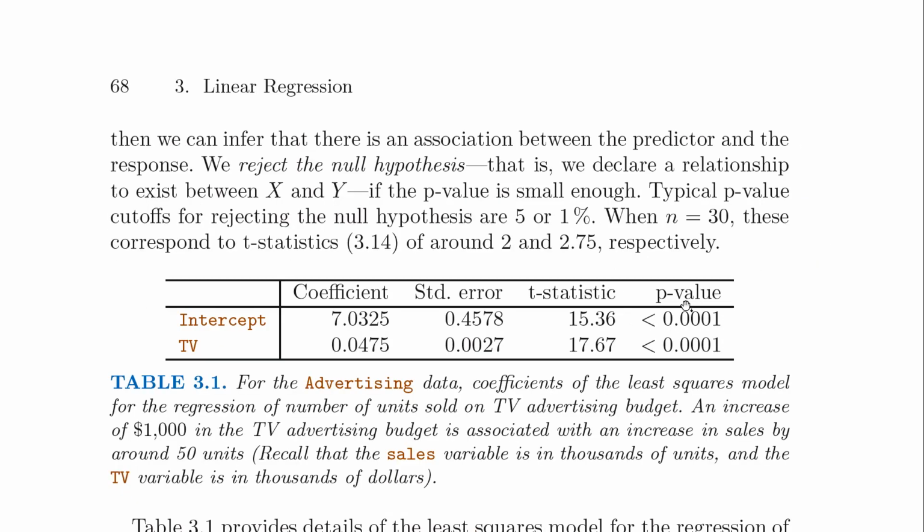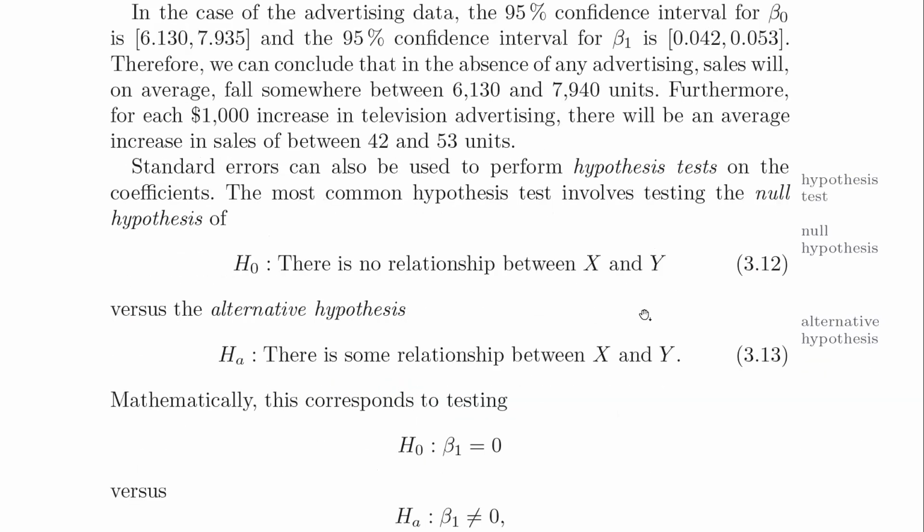The smaller this value, and we'll see if we can manage to calculate it, for example, if you have a cutoff of 5%, if the p-value is less than 5%, then you reject the hypothesis. So you would reject that there is no relationship, and you're implicitly saying that instead you're going to take the alternative hypothesis.